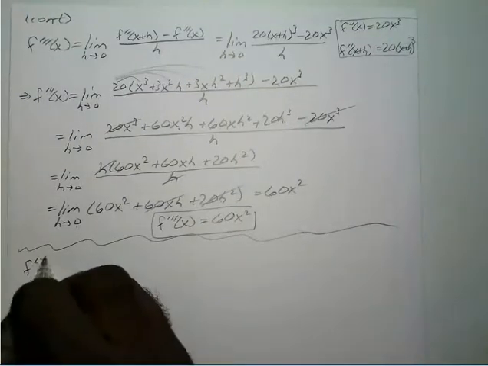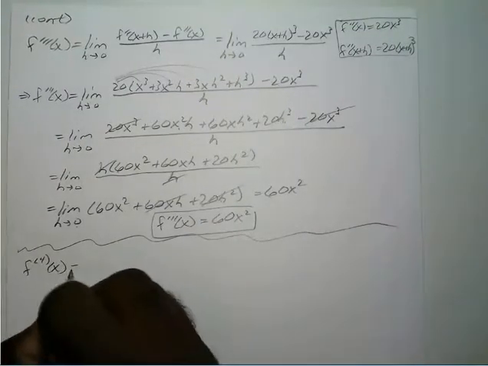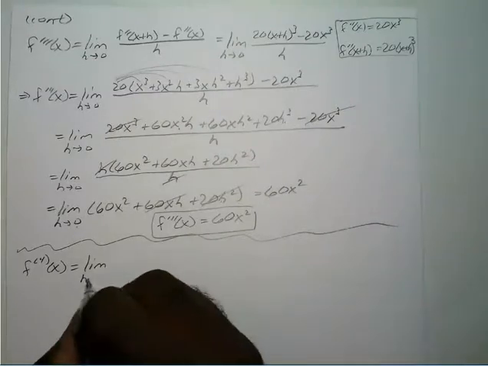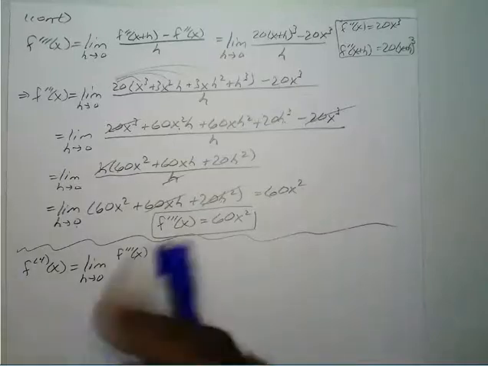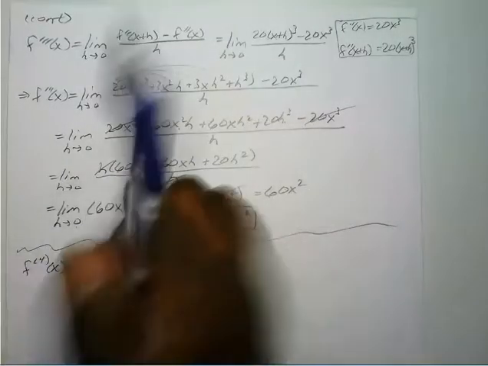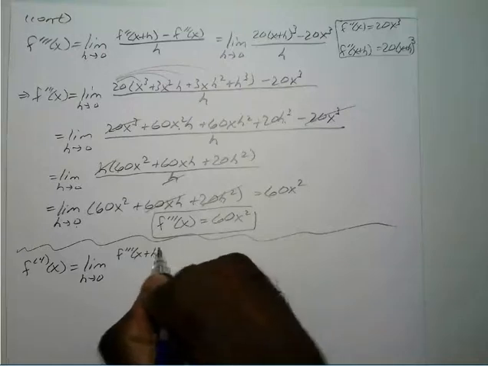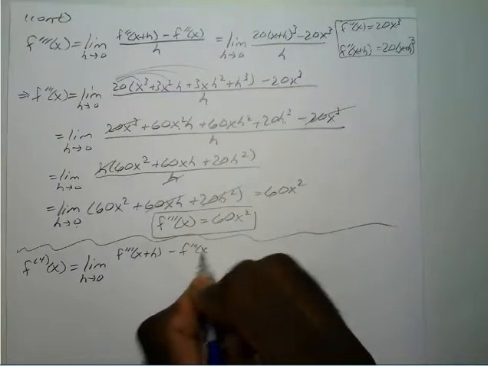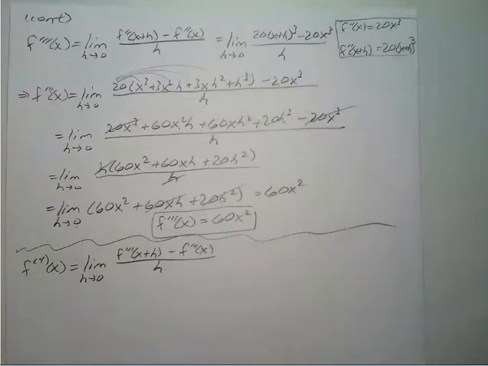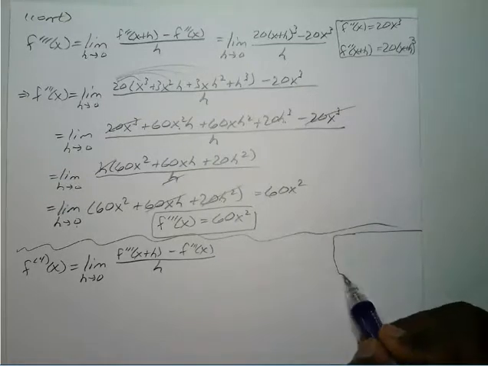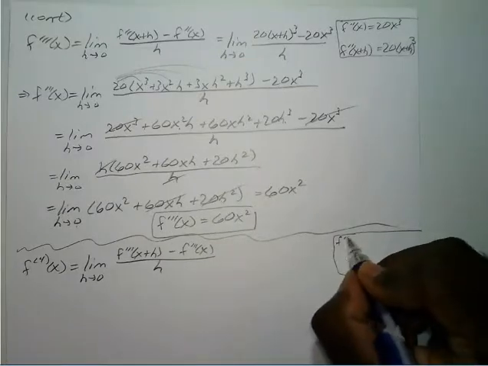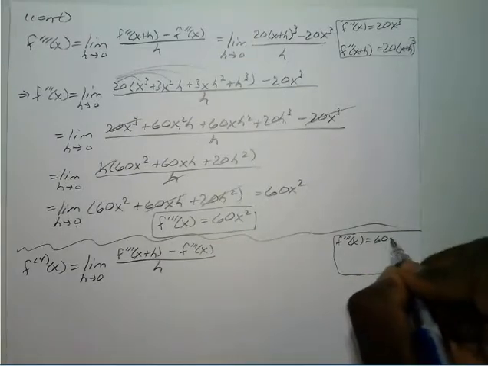Okay, so now let's go ahead and find our fourth derivative. For your fourth derivative, that's just the derivative of your third derivative. So the third derivative of x plus h minus third derivative of x all over h. Okay, so what do we know? Well, we know that your third derivative is 60x squared.